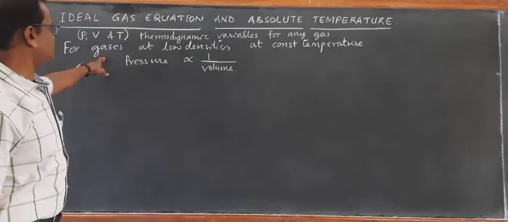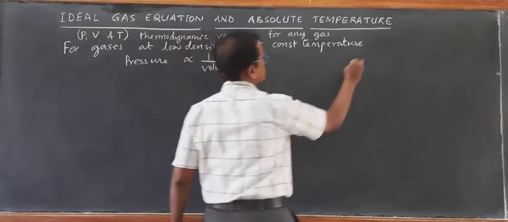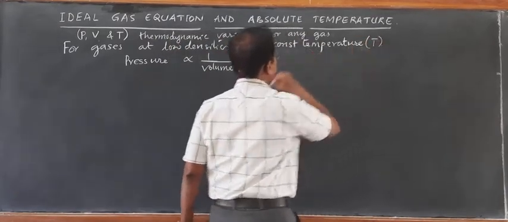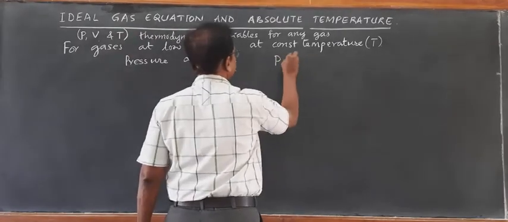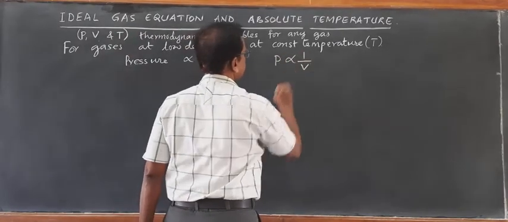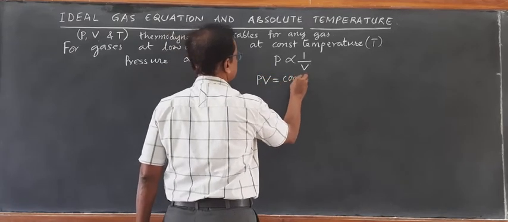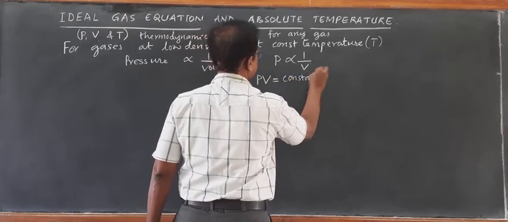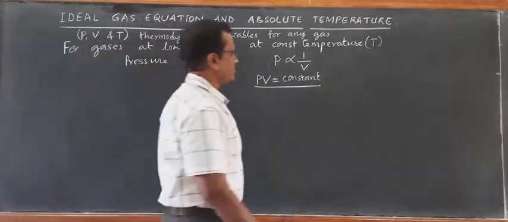So for gases at low densities, it is found that when T is kept constant, pressure is inversely proportional to volume. P is inversely proportional to volume, such that the product PV becomes equal to constant. This relation was first formulated by Robert Boyle.